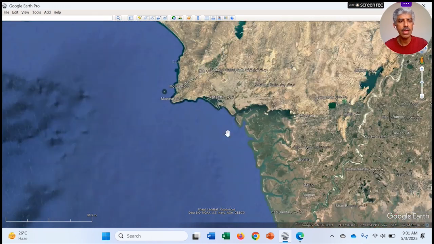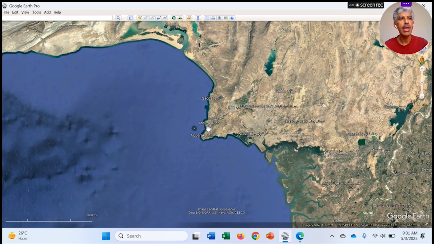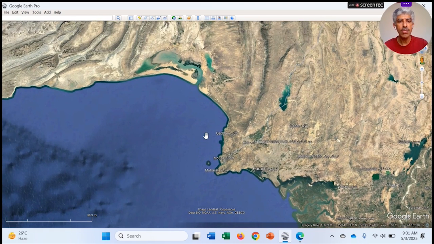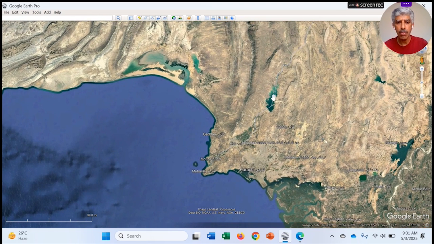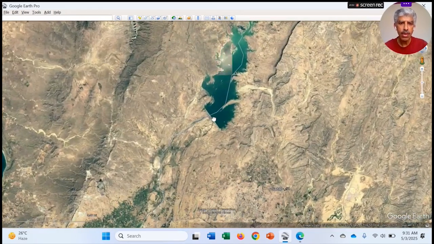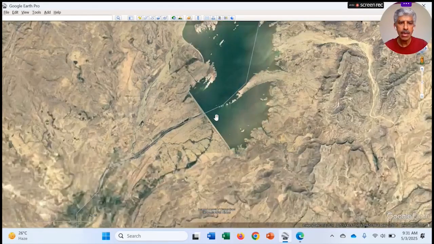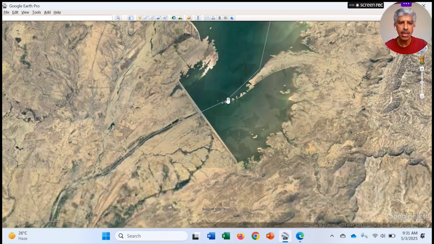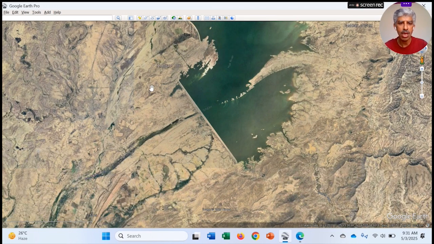As I told you, there are certain smaller rivers here in the Karachi region and in the Balochistan region, which are part of this. And here you can see the Hub Dam. On River Hub, right at the border, this gray line identifies Sindh province and the other one is Balochistan province.